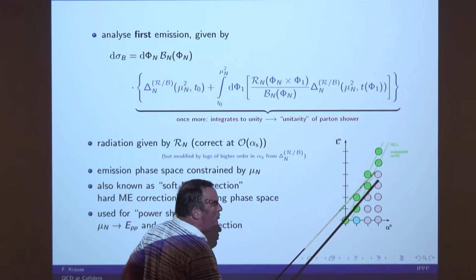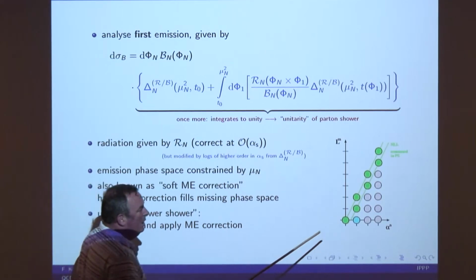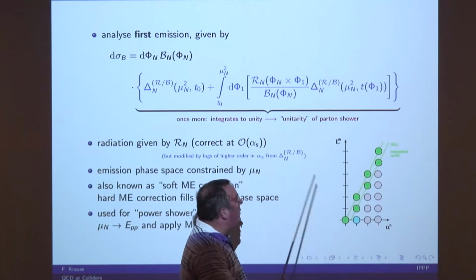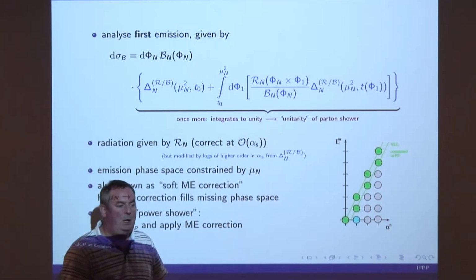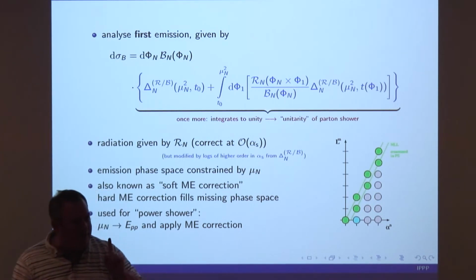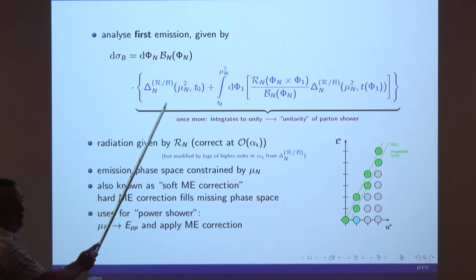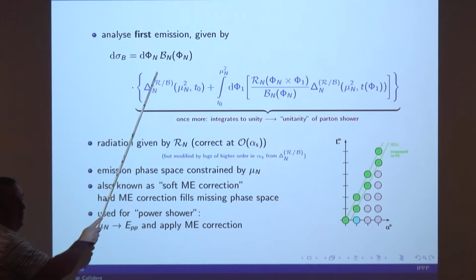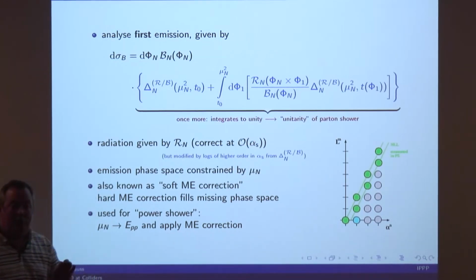If your parton shower is really good, then for simple processes it will probably get 2 logs right. And by doing this reweighting, I get the first non-logarithmic term correct in the emission pattern. I don't get it correct for the overall rate. My overall cross-section is still Born because I just multiplied Born with 1. So this is a Born cross-section, but the pattern of the first emission is exact to order alpha.